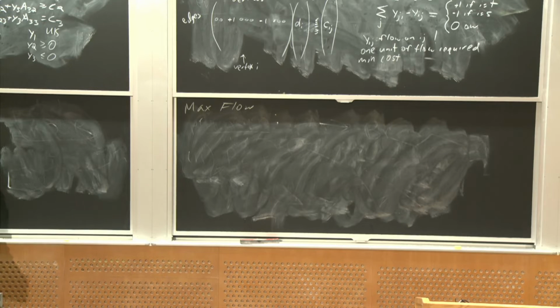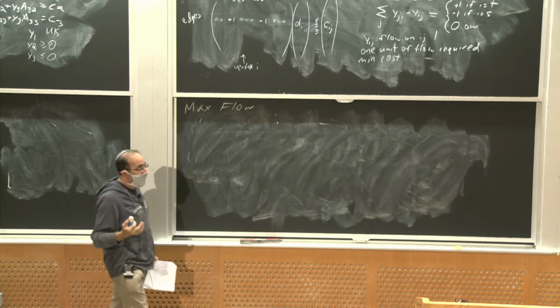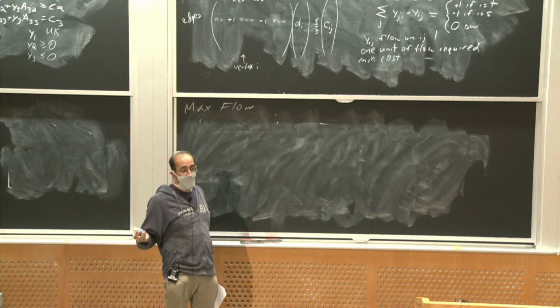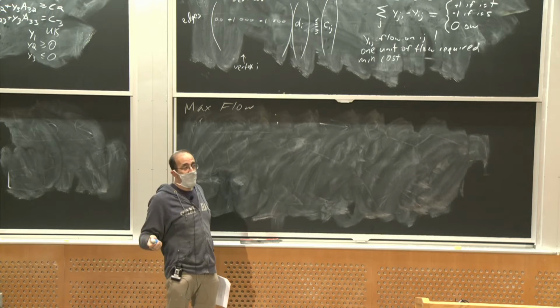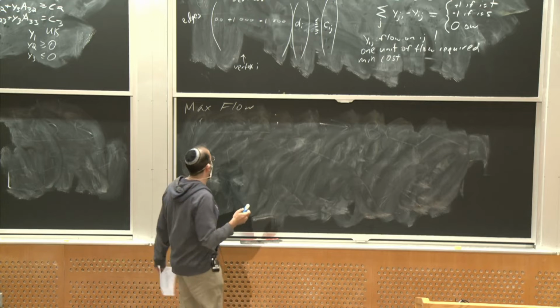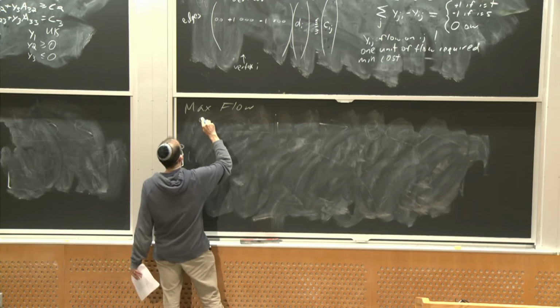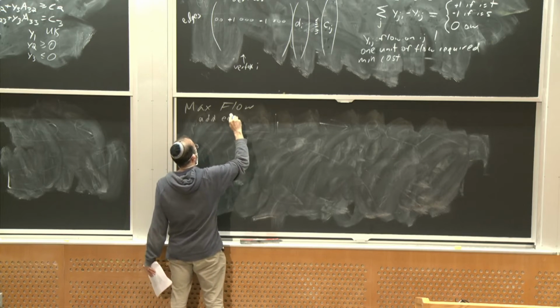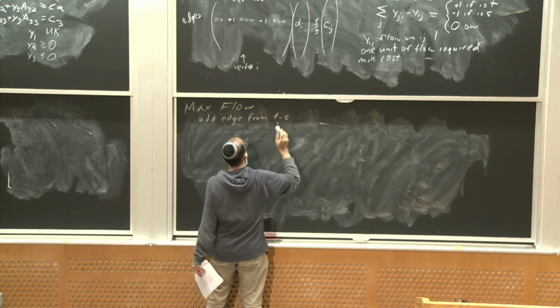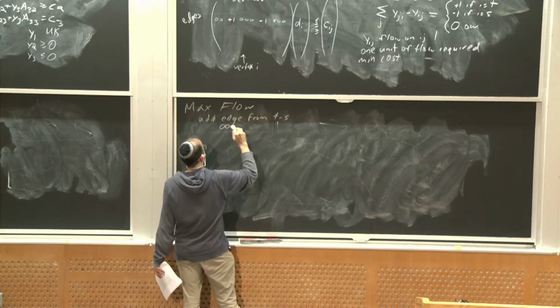All right, so in order to make this LP more elegant, instead of formulating it as a traditional max flow, I'm going to turn it into a circulation problem. Okay? So I'm going to add an edge from T to S with infinite capacity.